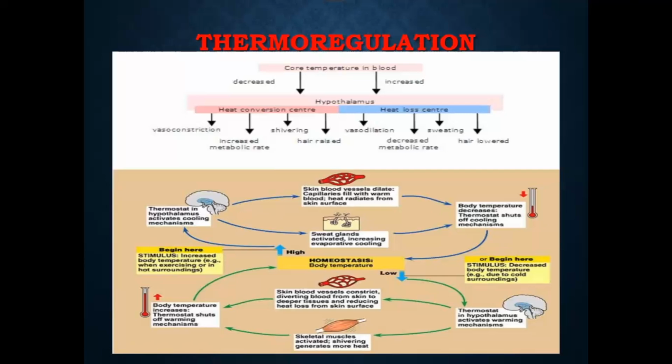Your sensor is your peripheral receptors that detect heat or temperature sensation. Your controller is your hypothalamus. Your effector is either the sweat glands, your skin, your hair follicles, and your muscles. All these are your effectors. Effector means what brings about the compensatory effect.